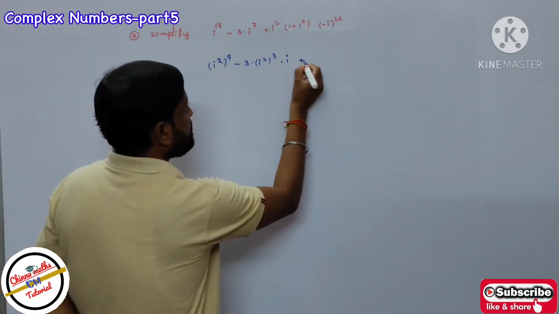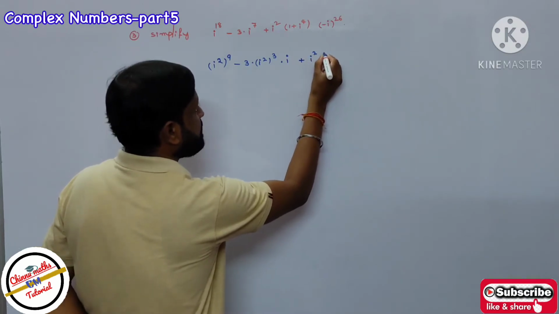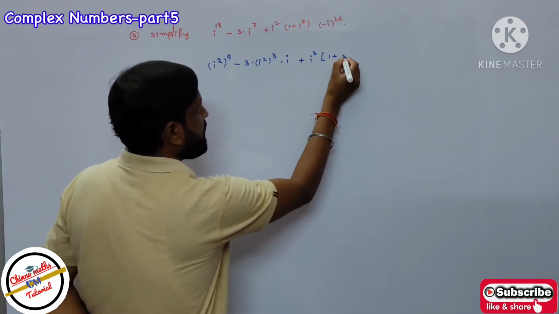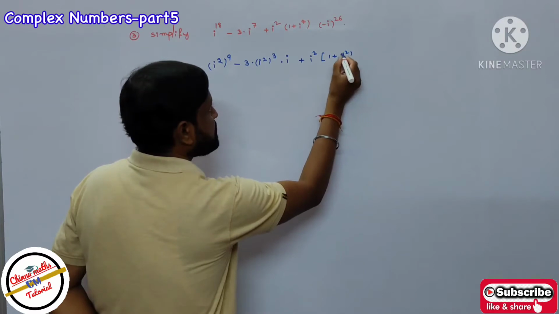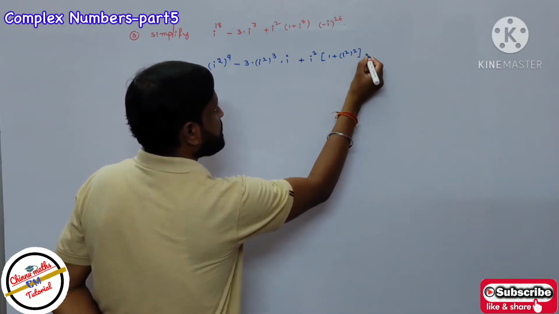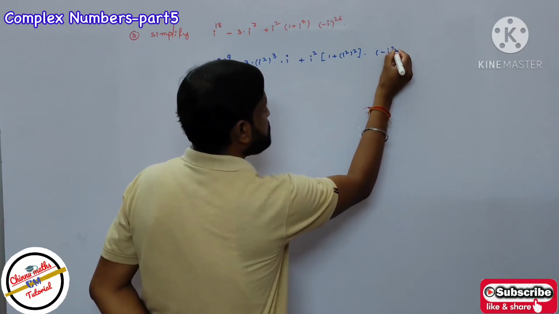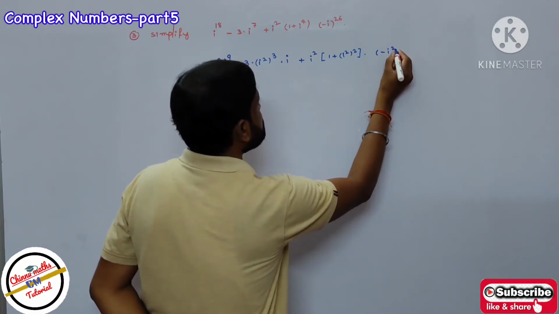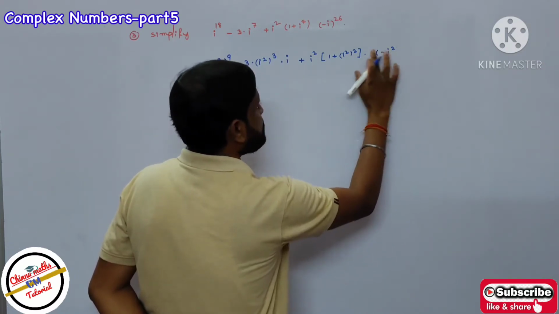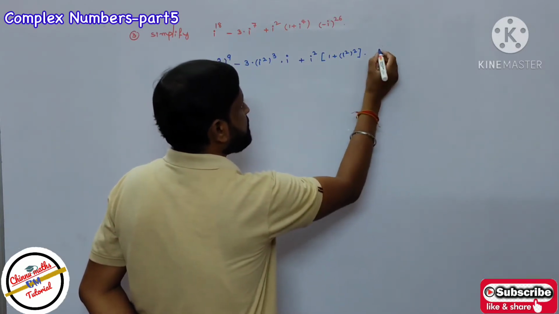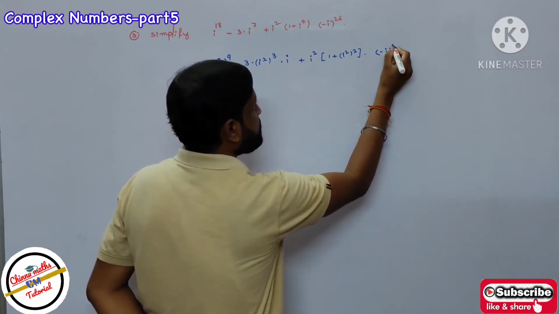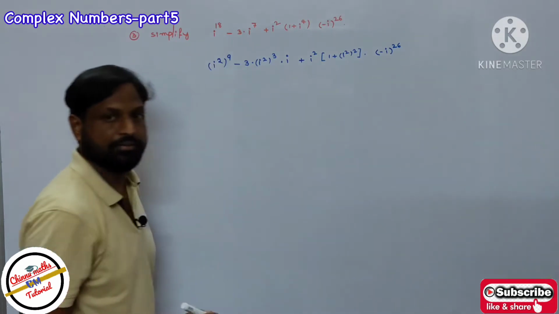Then plus i square, the bracket value is 1 plus i power of 4 can be written as i square whole square into minus i power of 26, minus i power of 26. Clear.